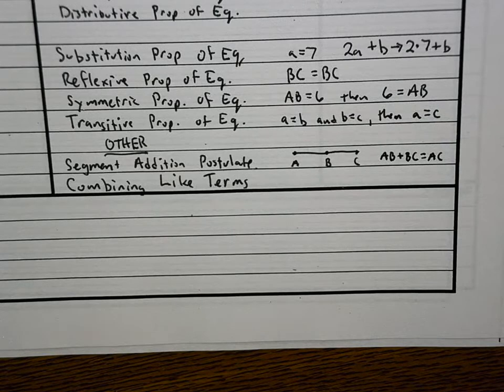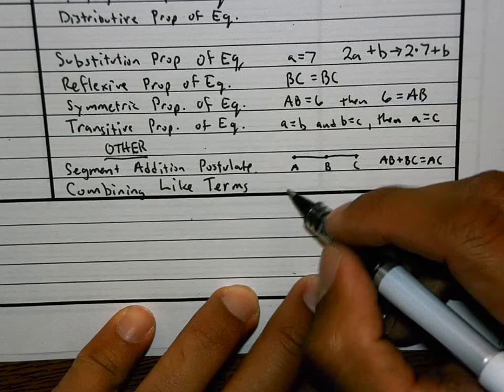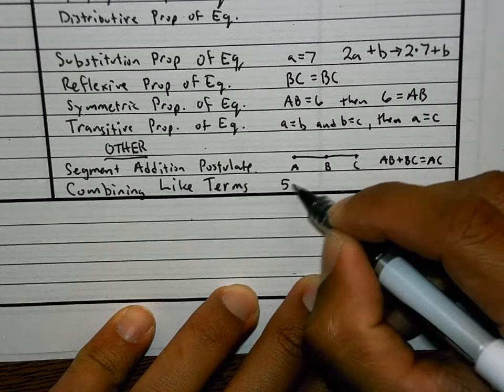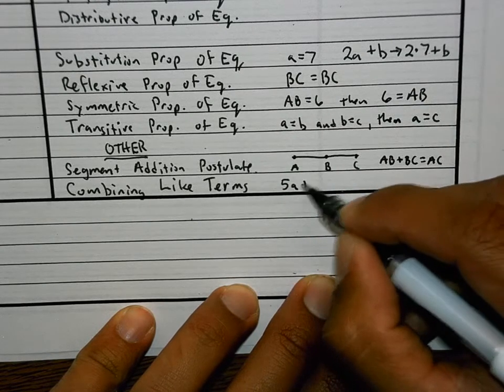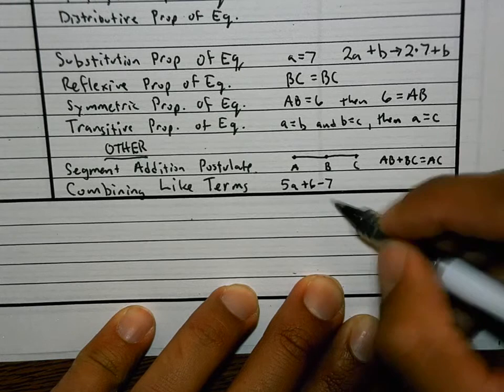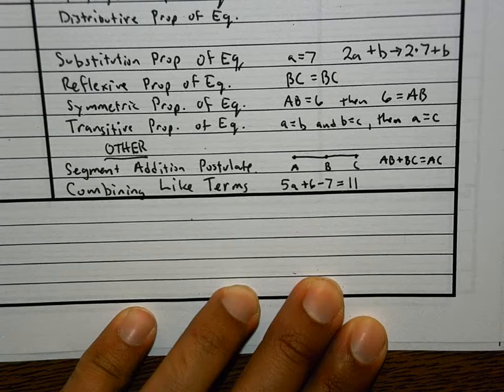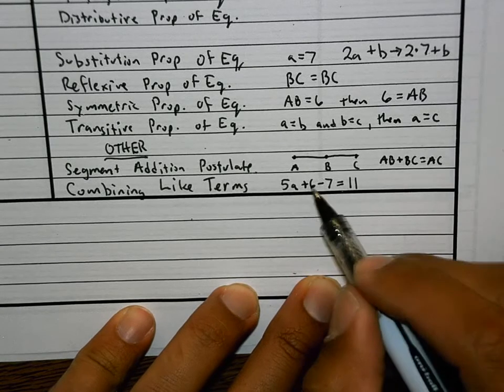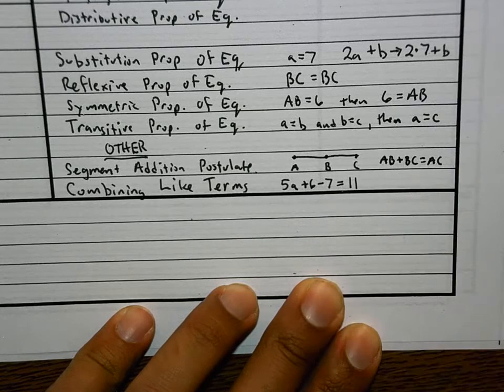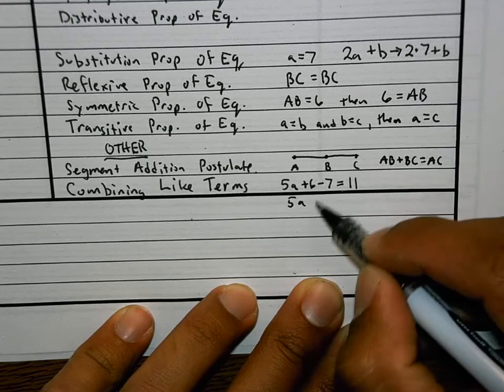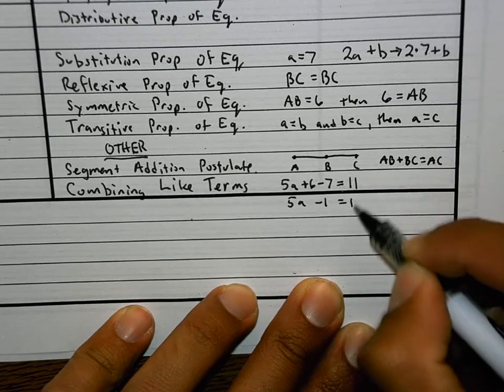Another reason, the last reason: if you ever simplify, you're combining like terms. For example, if you have 5a plus 6 minus 7 equals 11, and your very next step was that they put the 6 and the negative 7 together, and they have 5a minus 1 equals 11.